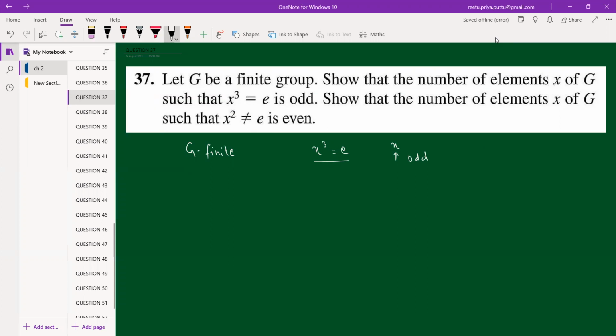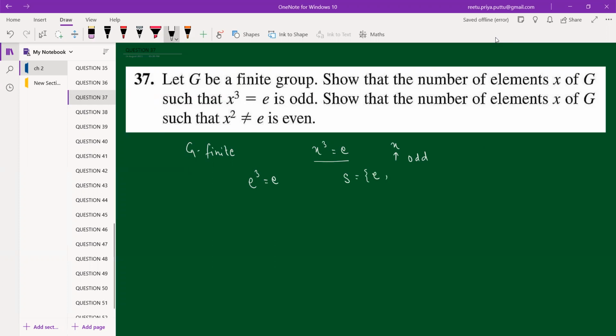Whenever you see this type of question, what first comes to your mind is whether the identity satisfies the property or not. So clearly E cube equals identity. Hence, if I say S is such a set, then E will be one of the elements.